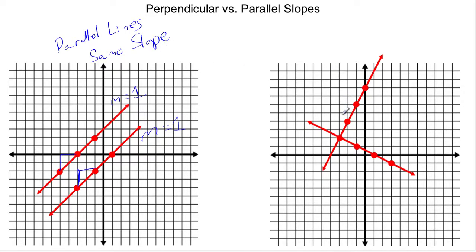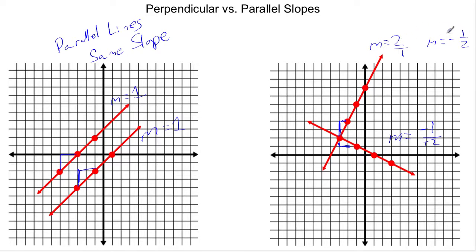What about perpendicular lines? If I look at this top line, the slope here goes up 2 and to the right 1. So this slope is 2 over 1. I would normally write this as 2, but I'm going to write it as 2 over 1 just to emphasize the relationship here. And for the next one, if I do rise over run, I go down 1, so down 1 is a negative 1, over to the right a positive 2.